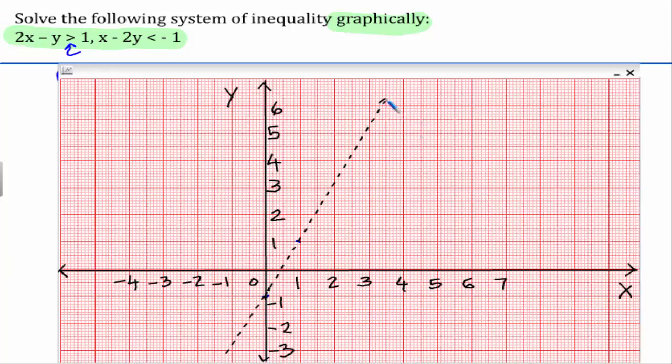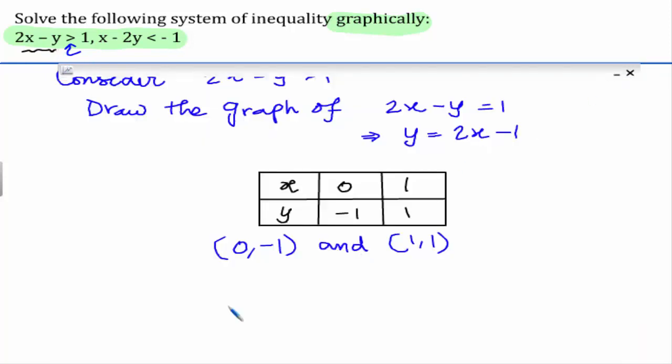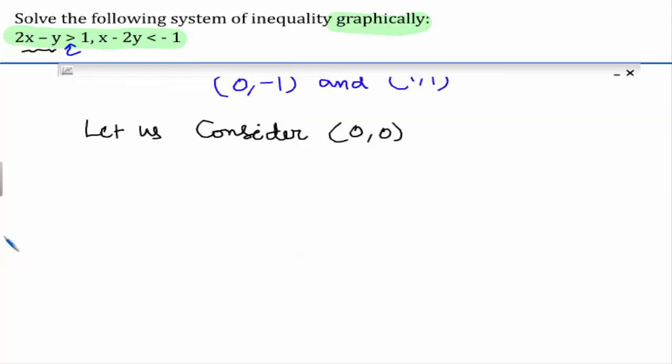And observe that this line is dividing the plane into two equal parts. Now we have to select which part is the solution for the given inequality. For that, let us consider the origin, because the line is not passing through the origin, and substitute into the given inequality.